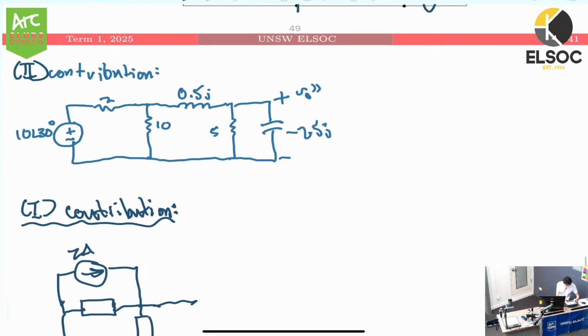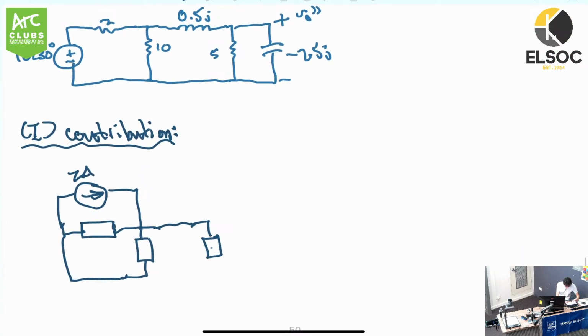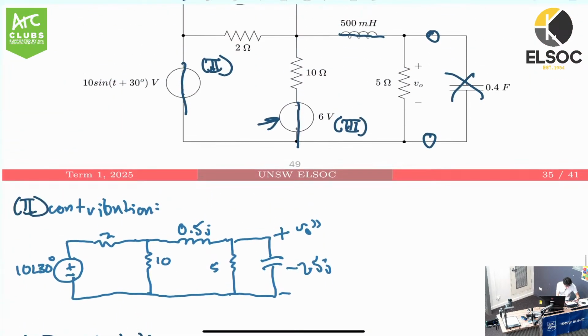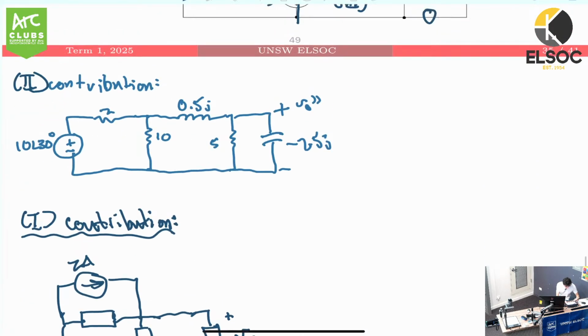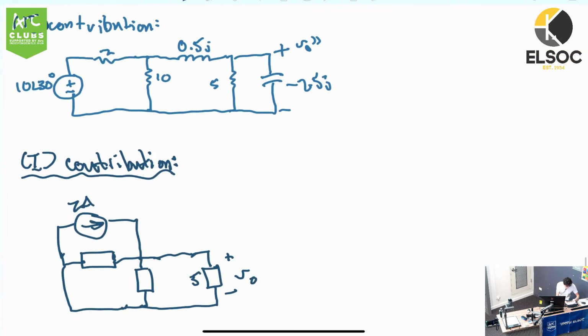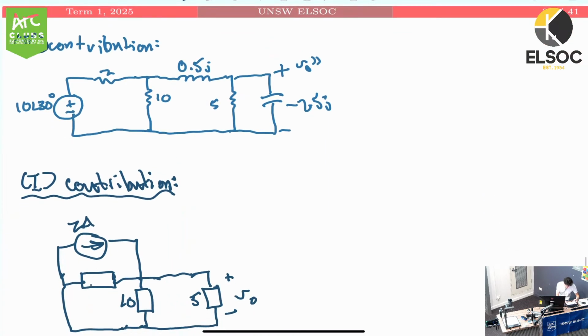Then this will connect to this resistor, and then this will be plus minus V out. We know that this is 5 ohms, this is 10 ohms, and this is 2 ohms.